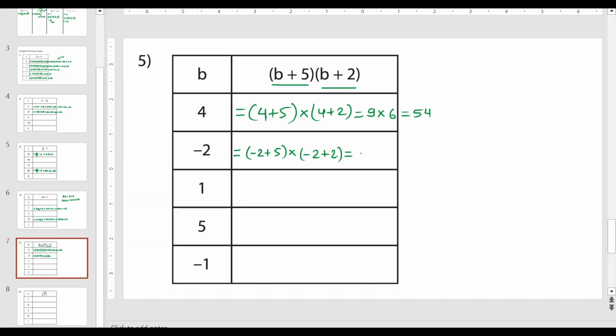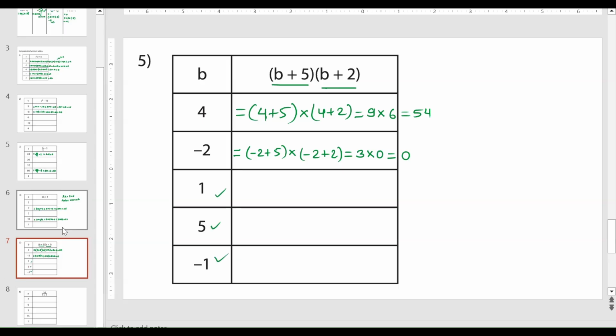First bracket minus 2 plus 5 is 3 and multiply minus 2 plus 2 is 0. Negative added to positive. So 3 times 0 is again 0. Any value multiplied with 0 is 0. So please solve the remaining yourself.